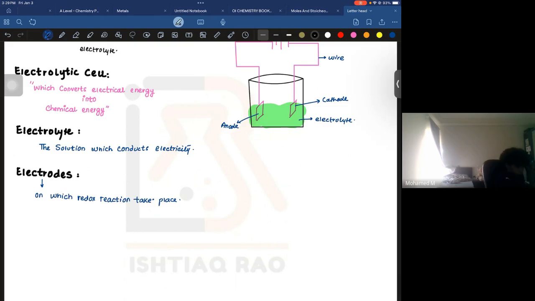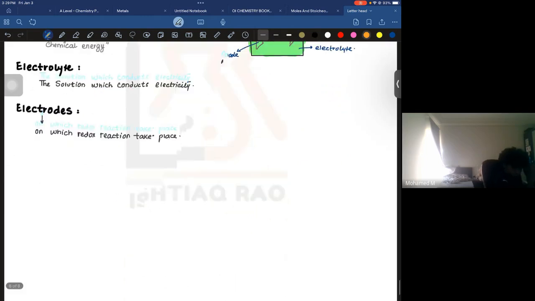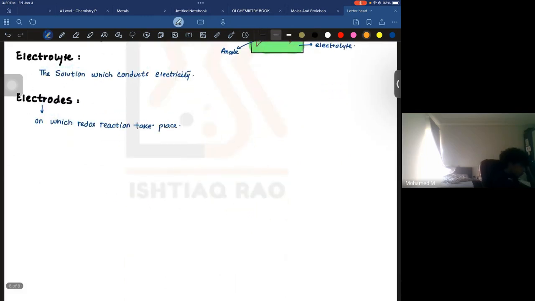It may be oxidation and it may be reduction. So on the basis of this, I'm going to further classify electrodes. There are two types of electrodes. Number one is cathode, and number two is anode.